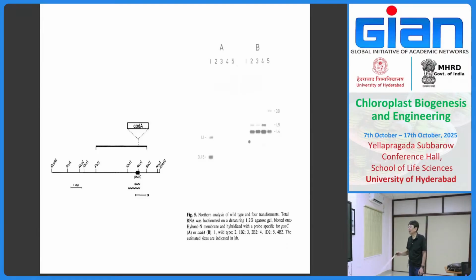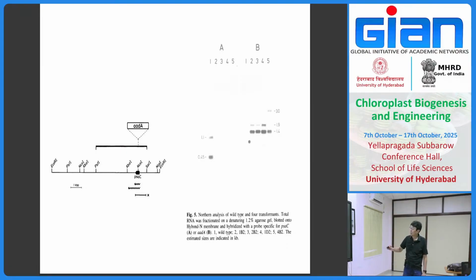Okay, so today I'm not going to talk about these two, but I just tell you that we did mapping. So the 0.5 starts here and ends downstream of psaC, so this transcribes only the psaC gene, and the larger one starts at the same place, but goes a little bit further downstream.